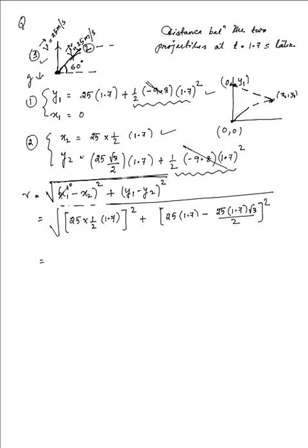Now if you observe the second term over here, 25 times 1.7 can be taken as a common value.